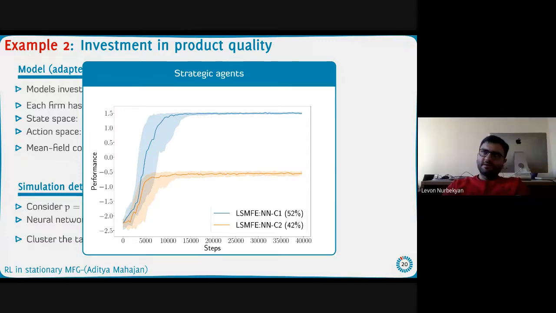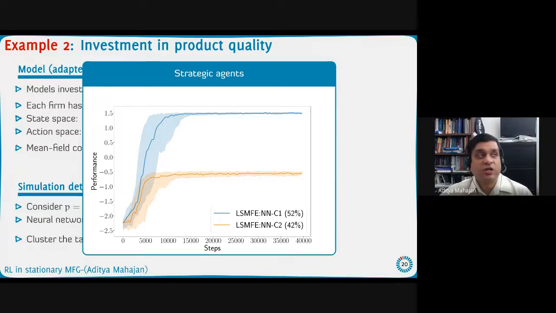Yeah, I was just thinking about the turnpike property. I was just thinking that initialization could be done using a stationary one, but I don't know what the main difficulty is. So that's why I asked. Yes, I'm not sure, because I'm not 100% on top of the recent literature on RL for mean field games. There is a lot of work which has happened in the last 2 years, so there may be ways now to avoid that type of thing.